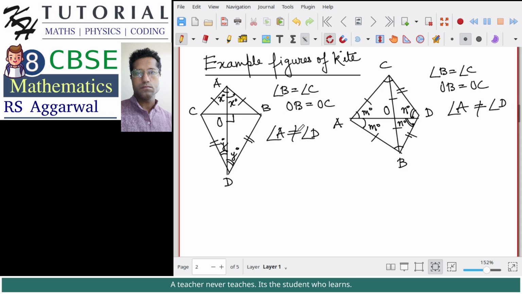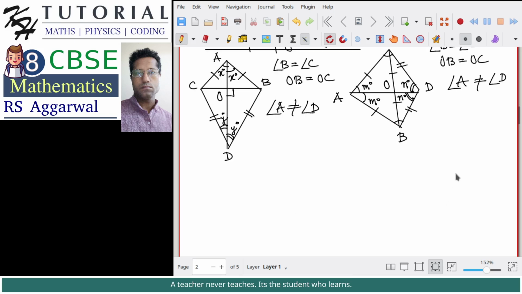Okay, let's draw a few more kites, maybe two more. Let's try to draw a kite where the diagonals are equal, but remember that the diagonals in a kite never bisect each other.